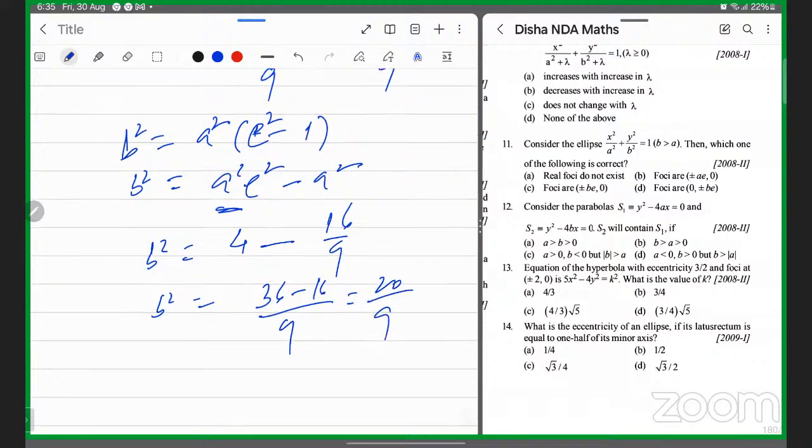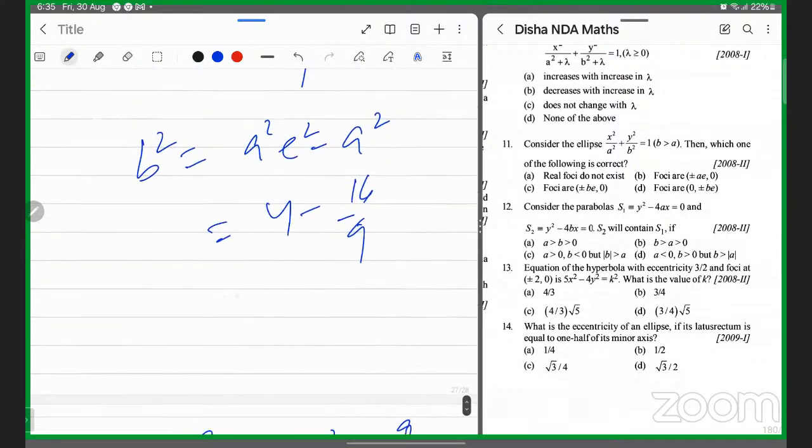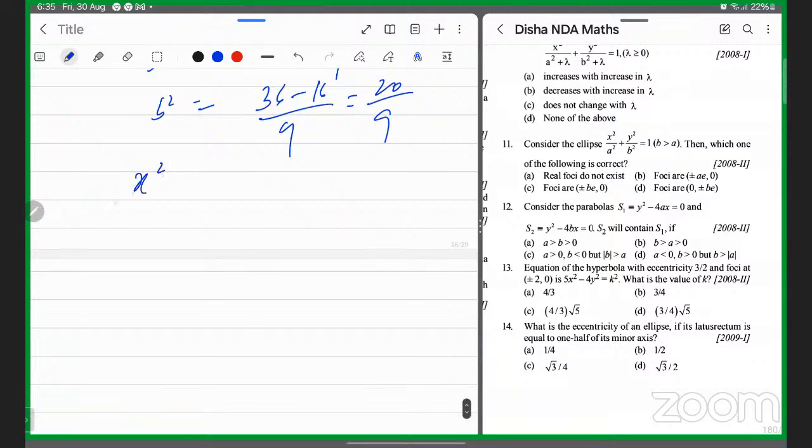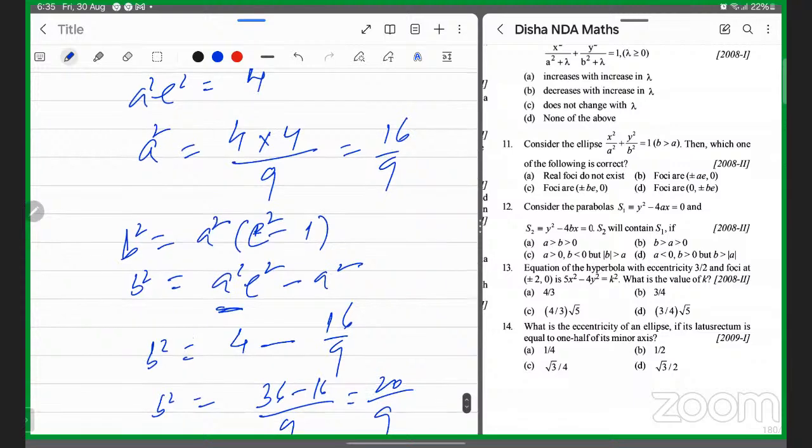Why upside I was doing wrong? Yeah, I was doing correct. I lost the path because I was doing the wrong things. Right? Now I will write hyperbola directly. So x square by a square. What is a square? 16 by 9. Is it 16 by 9?